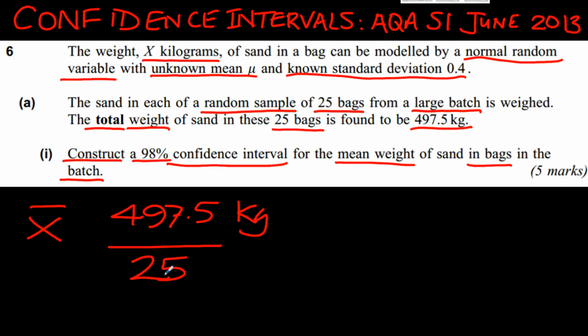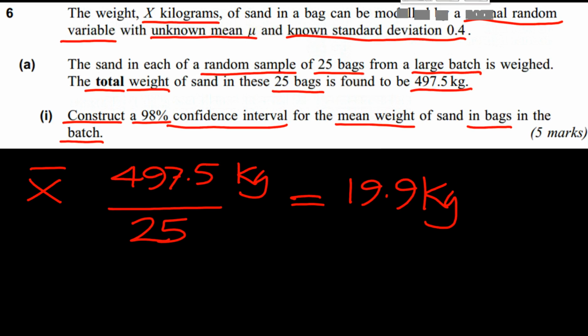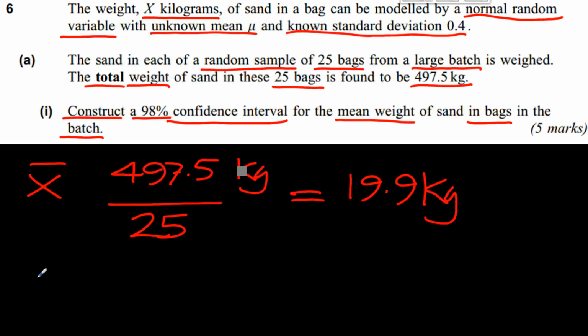So the average for an individual bag is 19.9 kilograms. Okay, so that's going to be the center of our confidence interval. We haven't got a mean, so we're starting from that. That's our sample mean.